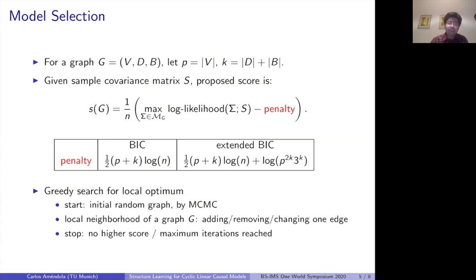Then, at each step, it traverses the local neighborhood of the current graph by adding, removing, or changing one edge. Finally, the search stops when no higher score in the local neighborhood is found, or when the maximum number of iterations is reached. To address the issue of local optima, we restart the greedy search hundreds of times.